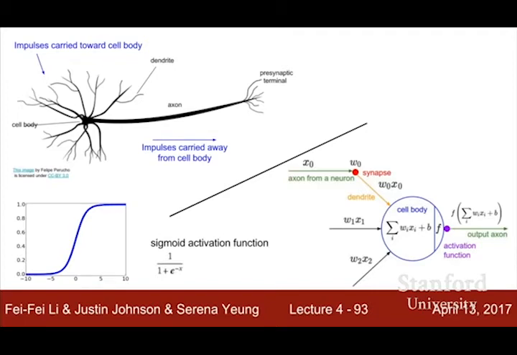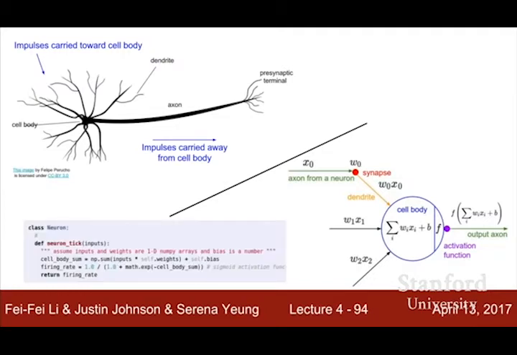And if you look at these activation functions, this is what takes all the inputs coming in and outputs one number that's going out later on. We've talked about examples like the sigmoid activation function and different kinds of nonlinearities. One loose analogy that you can draw is that these nonlinearities can represent something like the firing or spiking rate of the neurons, where neurons transmit signals to connected neurons using discrete spikes.